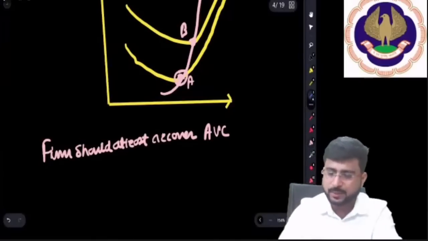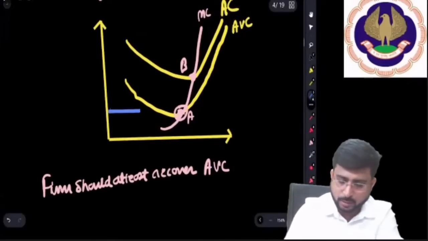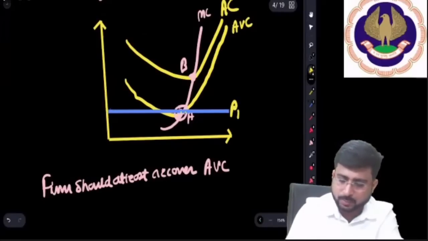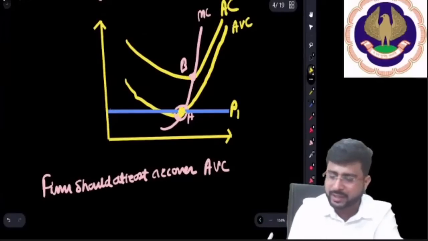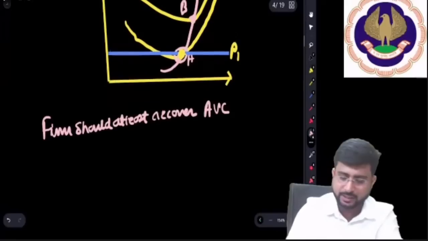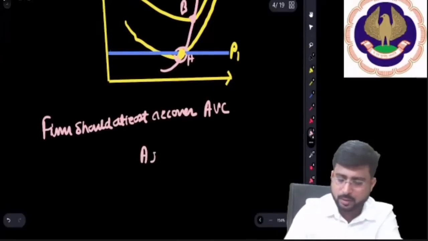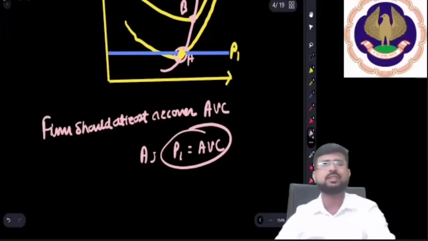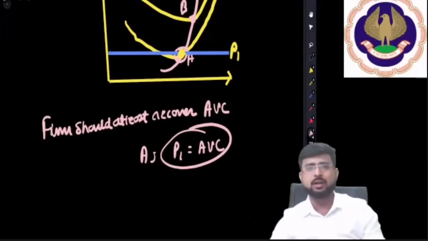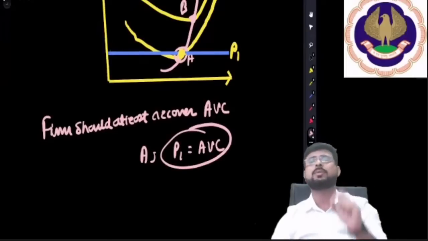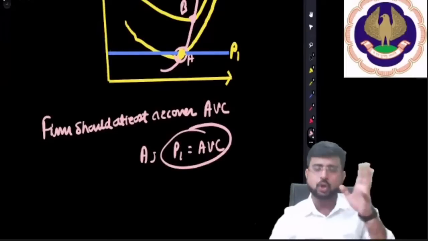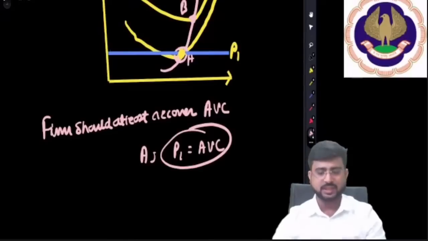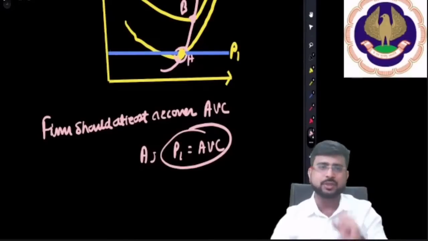Now let's say this is the price P1, at which the firm is able to recover average variable cost. So at point A, price is equal to average variable cost, isn't it, friends? That is, the firm is able to recover its variable costs at least.